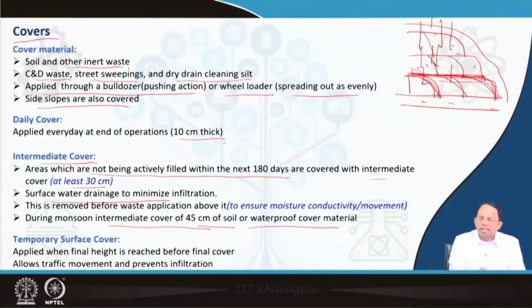Normally it is 30 centimeter, but for monsoon or places of heavy rainfall, we can even increase it to 45 centimeter. Temporary surface covers are also given when the final height is reached before the final cover. The final height we have achieved in some locations, other locations we have not. So temporarily some cover could be given so that it will allow traffic movement as well as prevent infiltration.